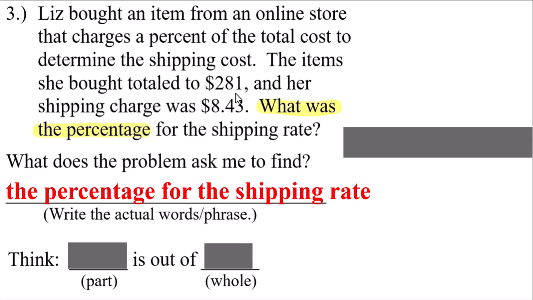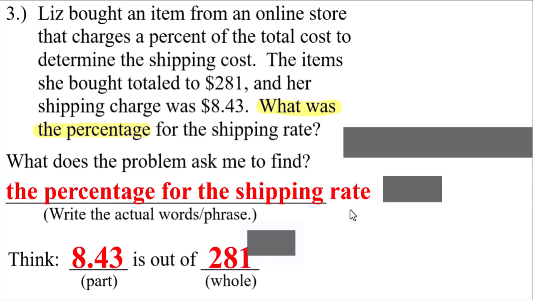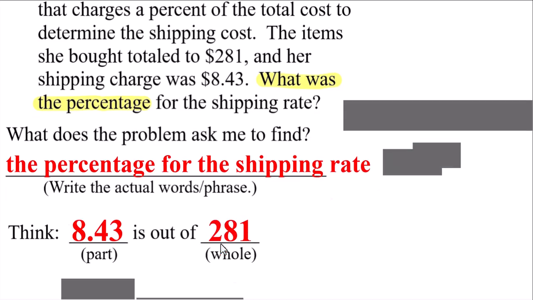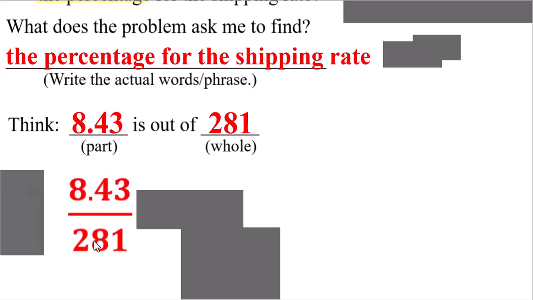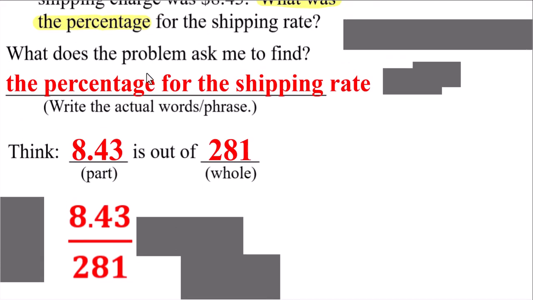Well, I hope you understand. The 8.43 was just the shipping charge. That's just part of the total cost. So let's fill this in. 8.43 is the part. The total cost, total is another word for whole. That's the whole. We are going to divide the part by the whole, like we did on the intro to percent guided notes where we were just finding the percent, because this problem wants me to find the percent.